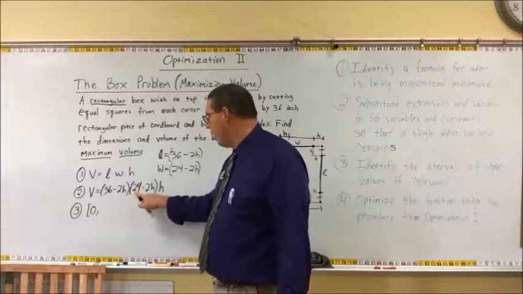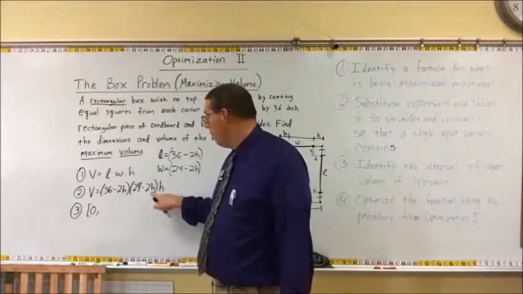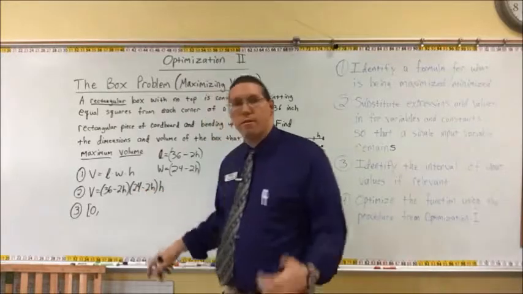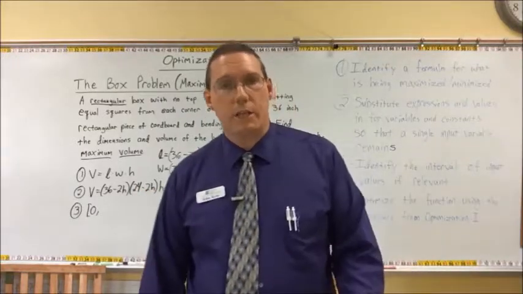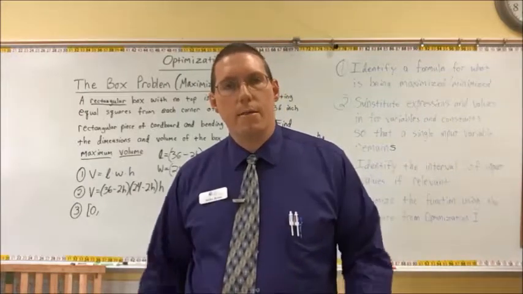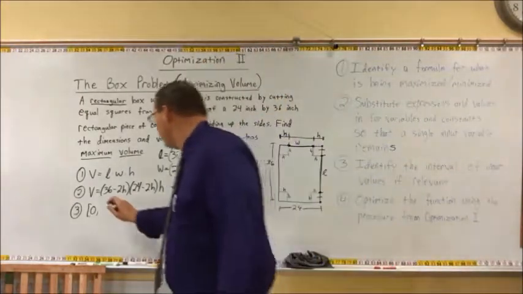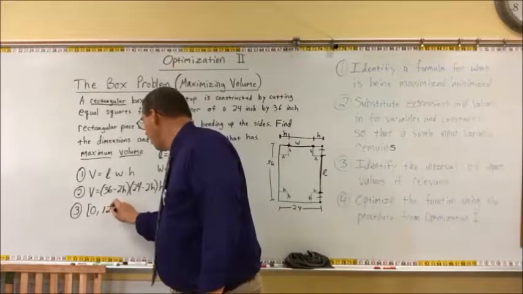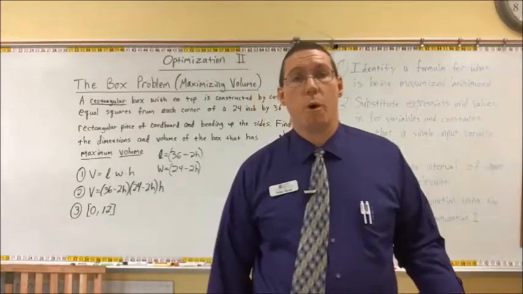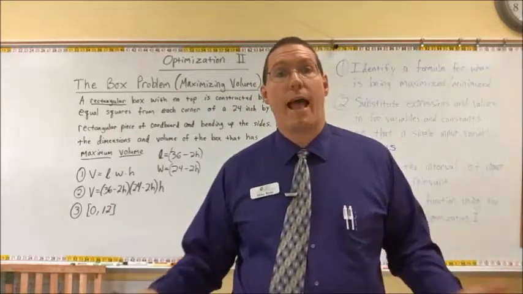Width will equal 0 if h is 12, because 2 times 12 is 24, and 24 minus 24 is 0. So logically, the longest that h can possibly be is 12. So we're going to put a 12 right here. So h has to be somewhere between 0 and 12. So it has endpoints. It has an interval.